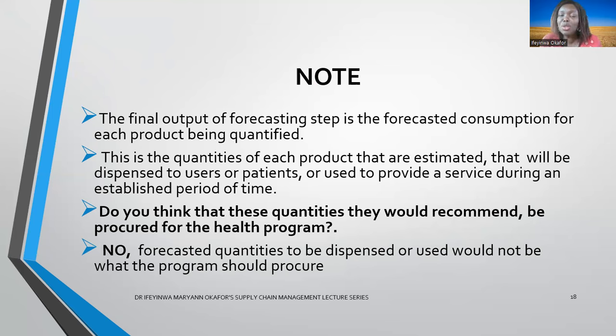And it's also the product used to provide a service during an established period of time. That is, the forecasted consumption for each product that has been quantified is the product that is estimated, and these are the products that will be dispensed to users and patients, and also the products that should be provided for services during an established period of time.